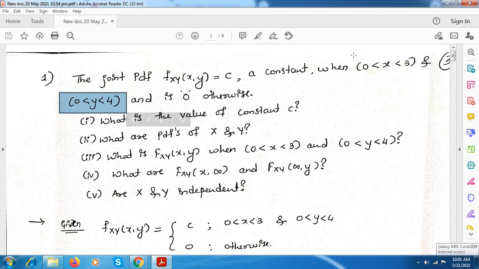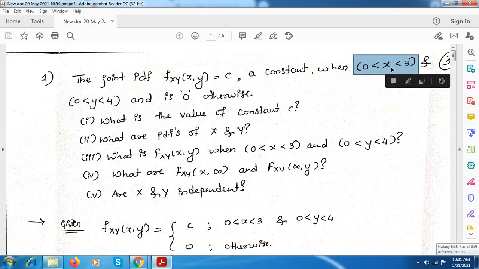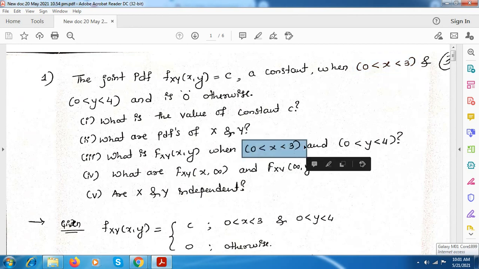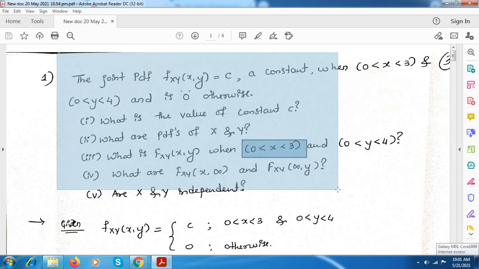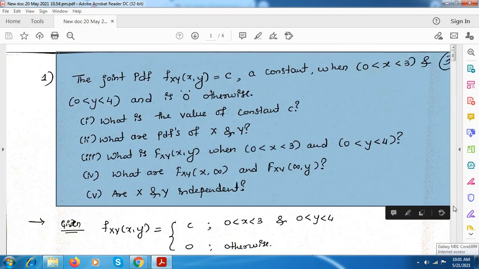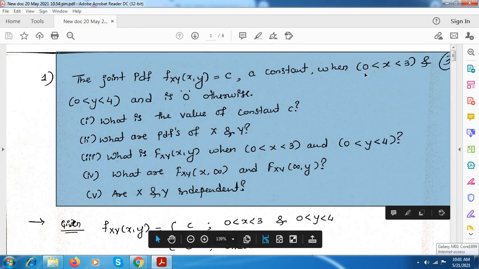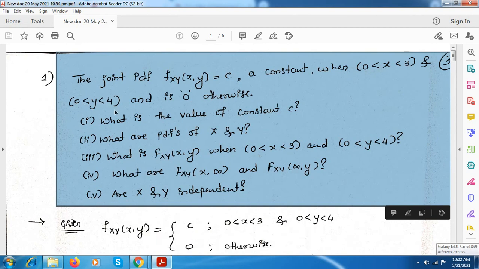Only the change is that the x value varies from 0 to 2. Same problem, just the x range will change. Take down the same problem as an assignment, wherein x will vary from 0 to 2 and y will vary from 0 to 4.